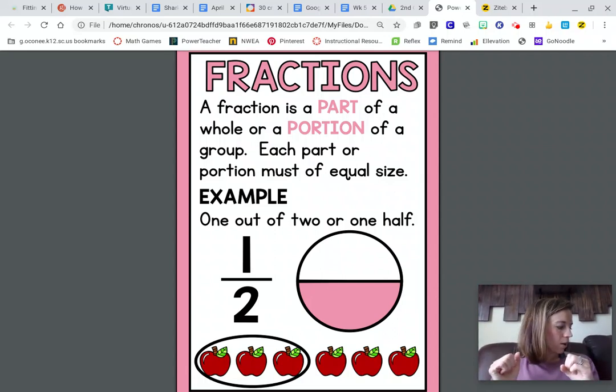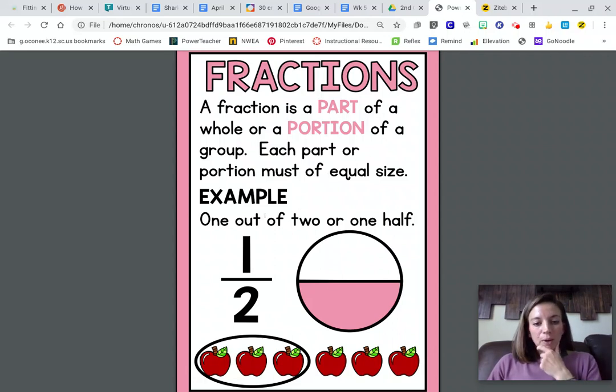If you think of an orange, when you take the skin off of an orange, it has many different parts. And you can take each of those parts away and eat it. So the fractions that you need to know are 1/2.